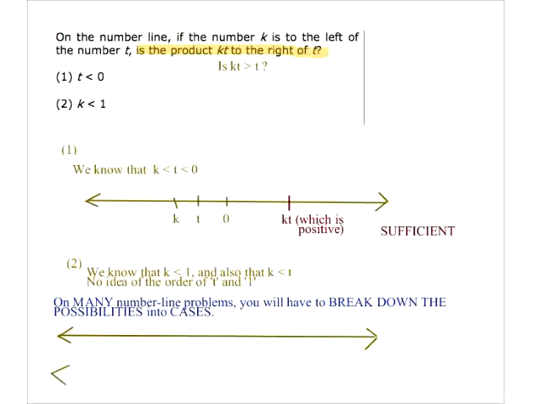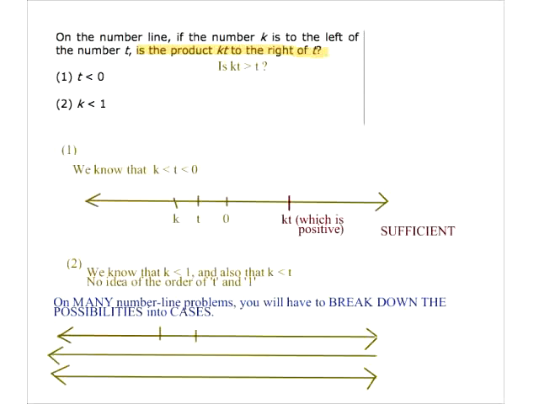But if t is bigger than 1, then it's what we're calling a non-fraction. And those things have different behaviors when you multiply them by stuff. So if you have this type of situation going on, and also we don't know if k is negative or positive. We got all kinds of stuff going on here. So we may even want maybe 2 more cases.